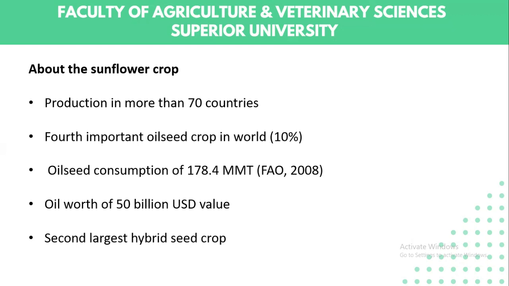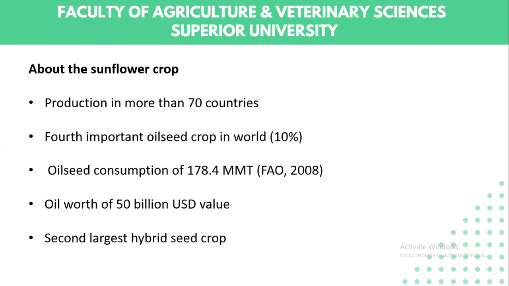In addition to Pakistan, it is also cultivated in more than 70 different countries of the world. The Russians, the Ukrainians, as well as the Argentinians make about 70% of the total world production.